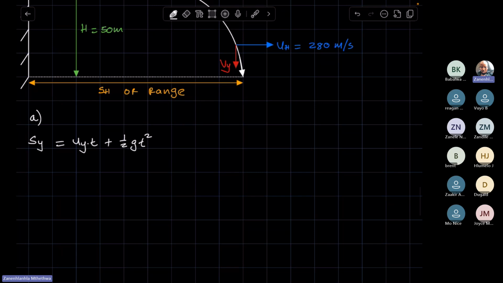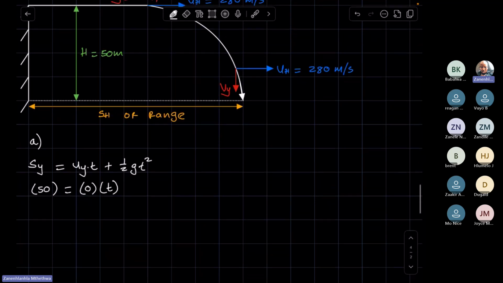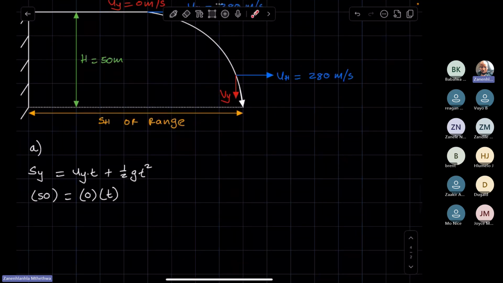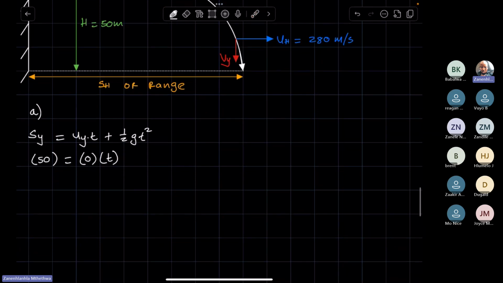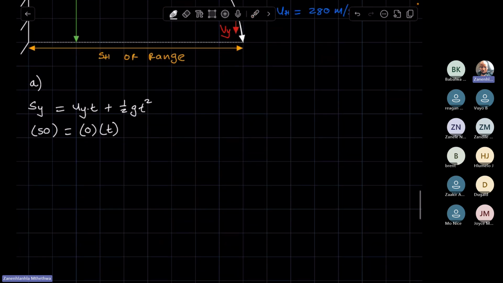Why? Because we know the Sy is the height. That's 50 meters. Uy is 0, times T. And now we are looking at the projectile as it moves from the apex to the ground, so motion is in the same direction as gravitational acceleration. So you take G as being positive.